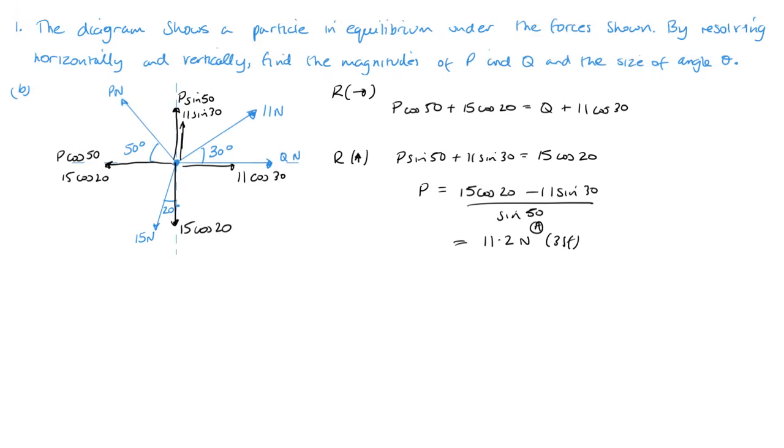And as always, I'll store that as A. Now we can use this first equation here. So from 1, we've got P cos 50 plus 15 cos 20 minus 11 cos 30, and that equals Q. So Q is 11.8 newtons to 3 significant figures there.